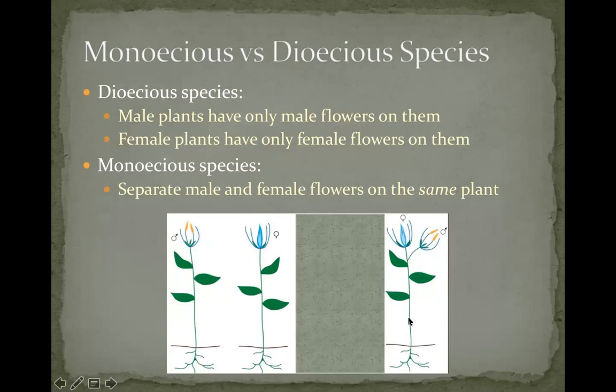Now, monoecious species will have separate male and female flowers on the same plant. However, this doesn't necessarily mean that all of them are going to be just male or female. Some monoecious species and dioecious species can have bisexual flowers as well. But just think dioecious, 2 separate plants, monoecious, 1 plant, both male and female flowers.